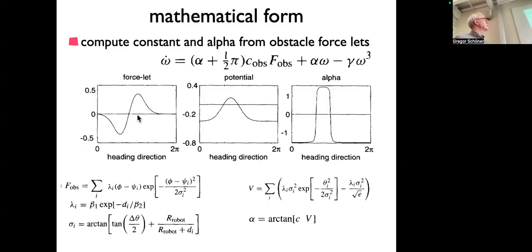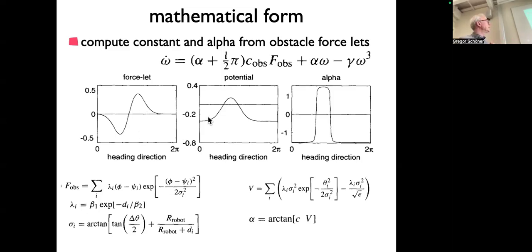Namely, it tells us that here the obstacle is at smaller angles, which in the world actually means on the right, and here it's at larger angles. So the sign of that can be used to figure out if it's on the left or on the right. And the range of that, where there is this forcelet versus none, tells us that there is an obstacle.